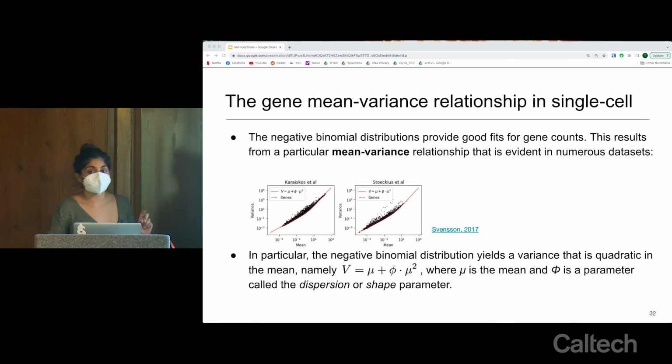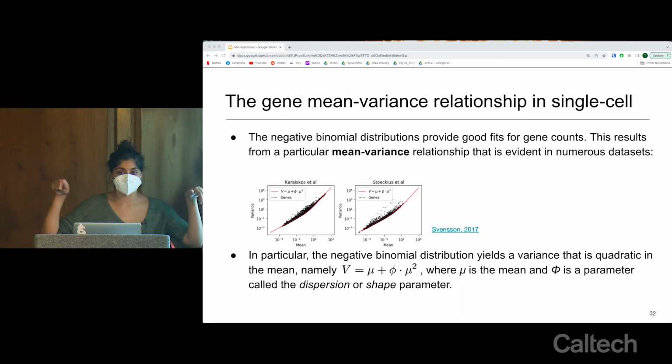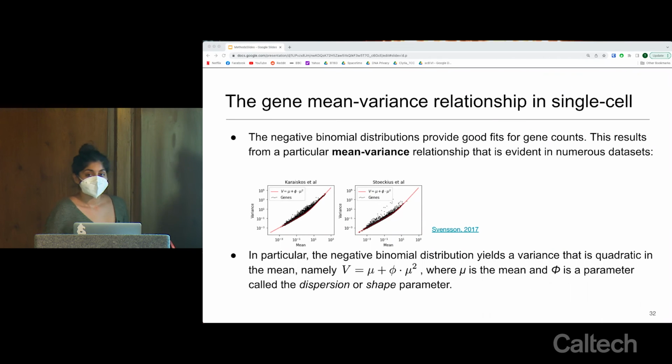Yes, exactly. Your gene, based on the observations, which are your cells, has some mean and variance because it has some set of observations. So therefore, they're random variables. So each gene is independent from one another? Currently, we're treating them as independent.